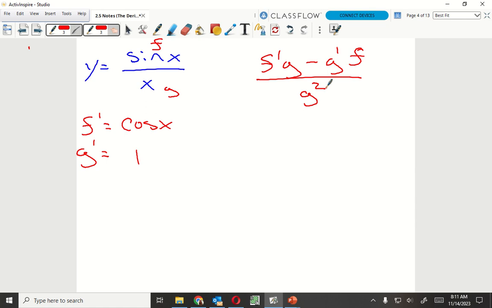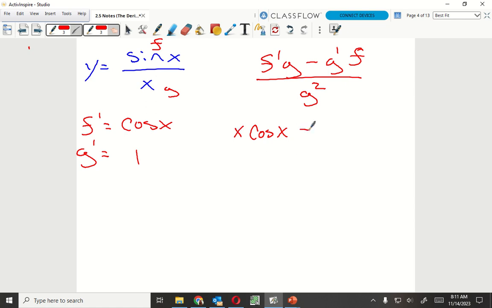And all I have to do is plug in here now. So f prime is cosine x times g, which I'm going to put out front, just like I said on the last problem. So g is my x, right?